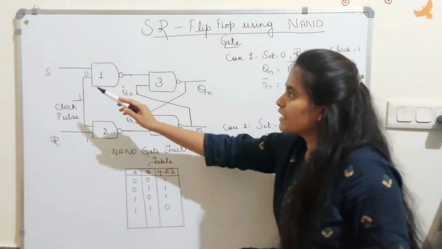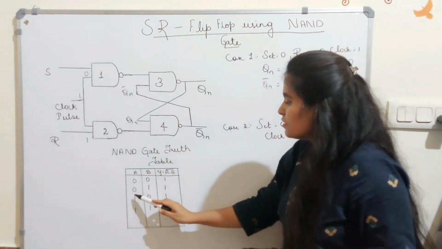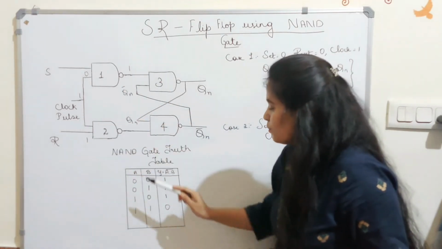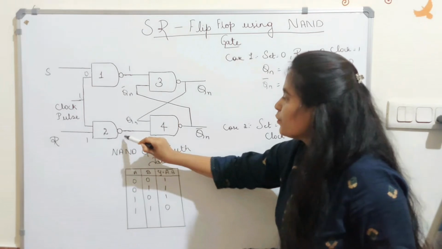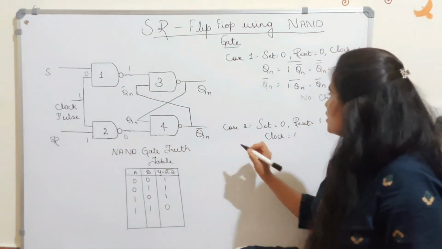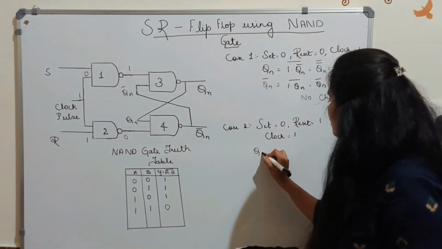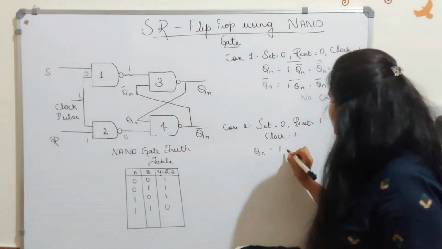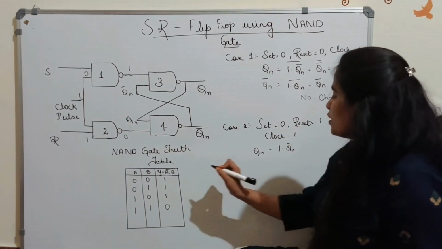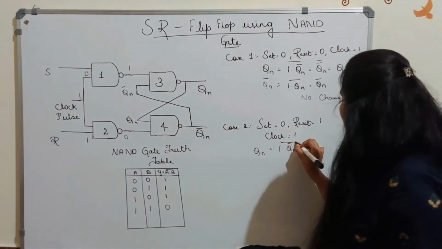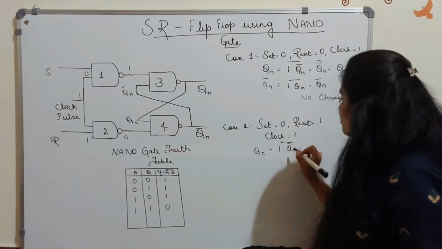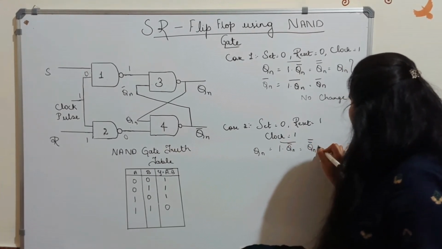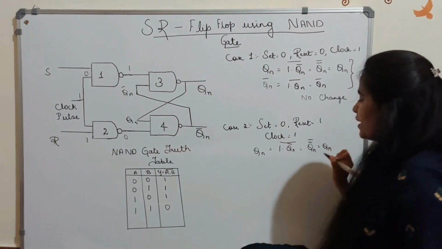With reference to the NAND gate, when 0 and 1 are the inputs, the output is 1. 1 and 1, the output is 0. Now let's analyze the latch. Considering Qn is equal to, the first input is 1 and the second input is Qn complement. With reference to the expression, I am complementing it. Qn complement into 1 is Qn complement. This complement I am writing over here. So the answer is Qn.